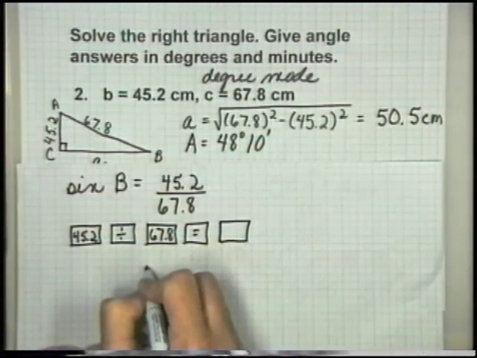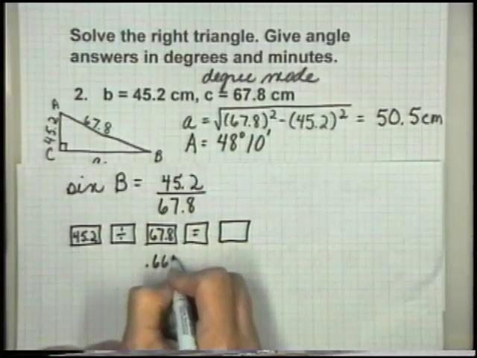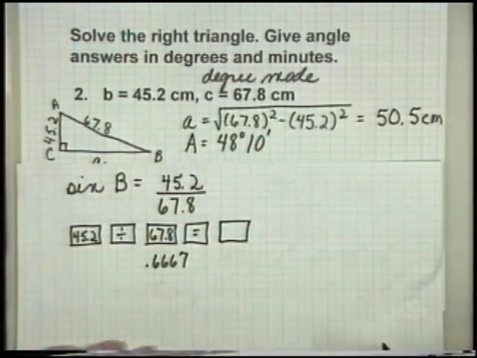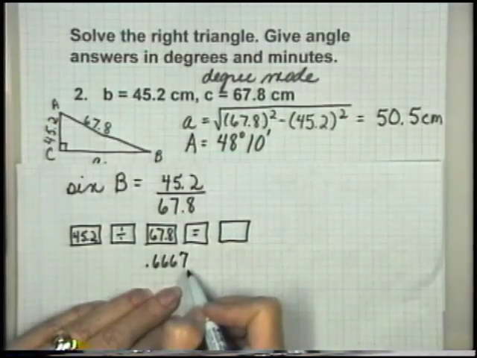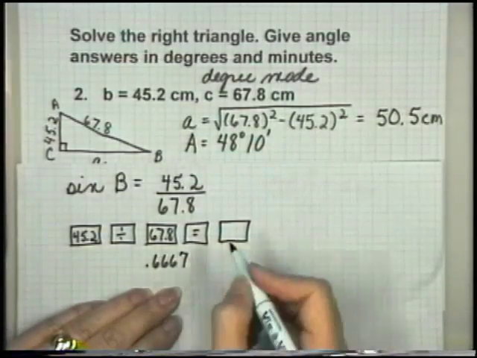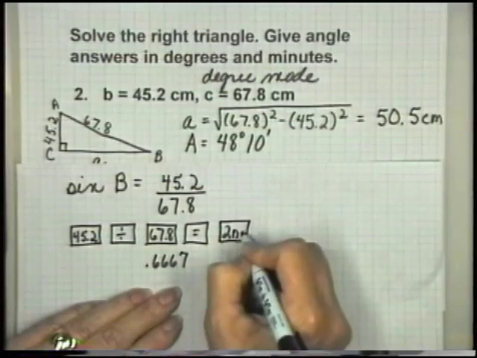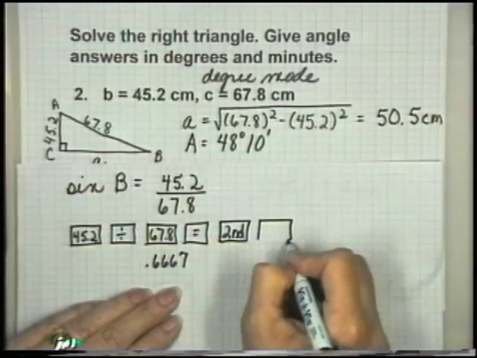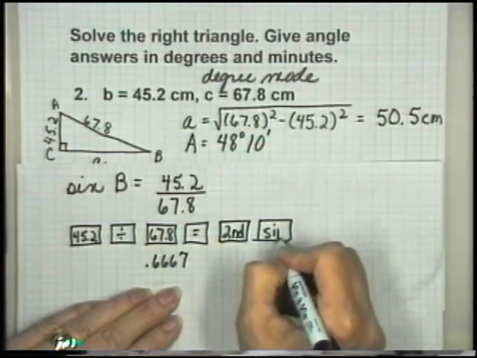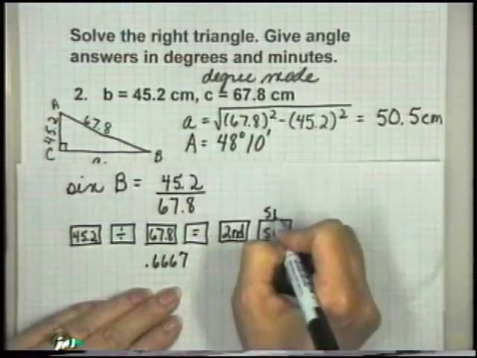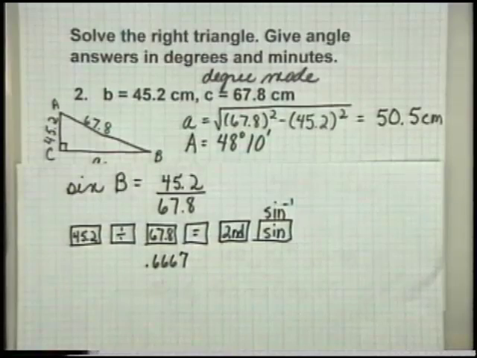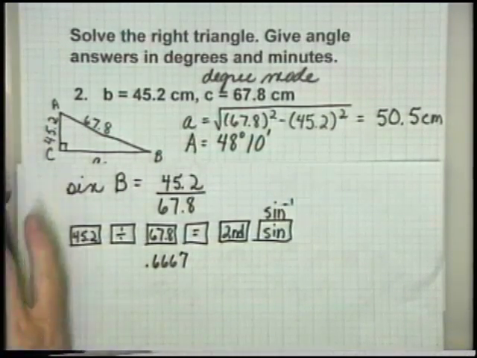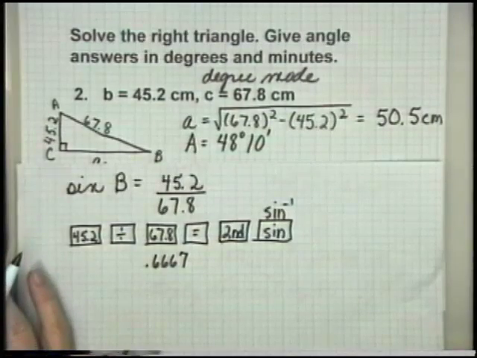And of course what you should get here, if you want to do a little check on your calculator, is 0.6667. Now I've rounded that, but that should be enough that you can check to be sure you're on the right track. And then hit your second function, and then this time we want the inverse sine, don't we? And that's what you'll get on most calculators if you use that second function button.